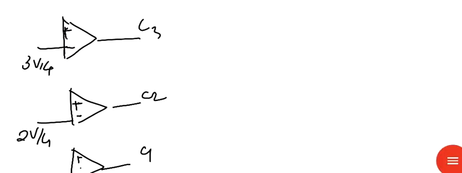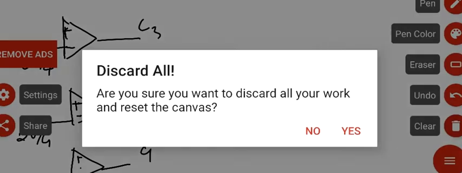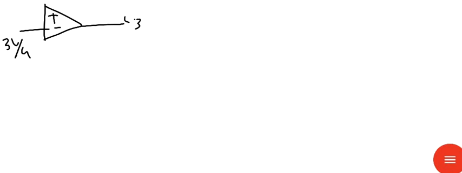These are three comparators. This is comparator 3, the reference voltage is 3V by 4, and the output is C3. This is comparator 2 with 2V by 4, the output is C2.